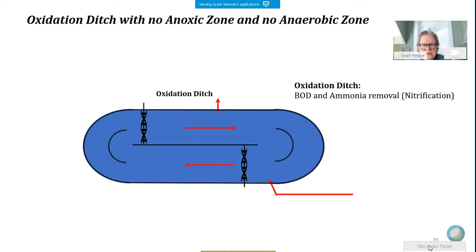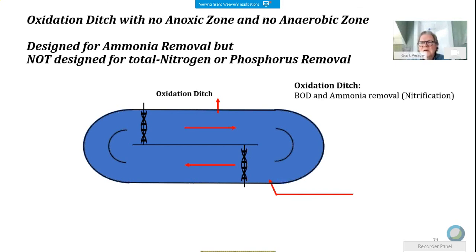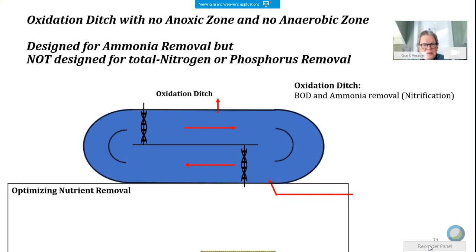And the whole ditch is aerobic, has a healthy dissolved oxygen, and as such, these things do a fabulous job of removing ammonia. But there's no low oxygen zone for them to remove the nitrates that are created when you remove ammonia, so the total nitrogen is little affected in this technology.